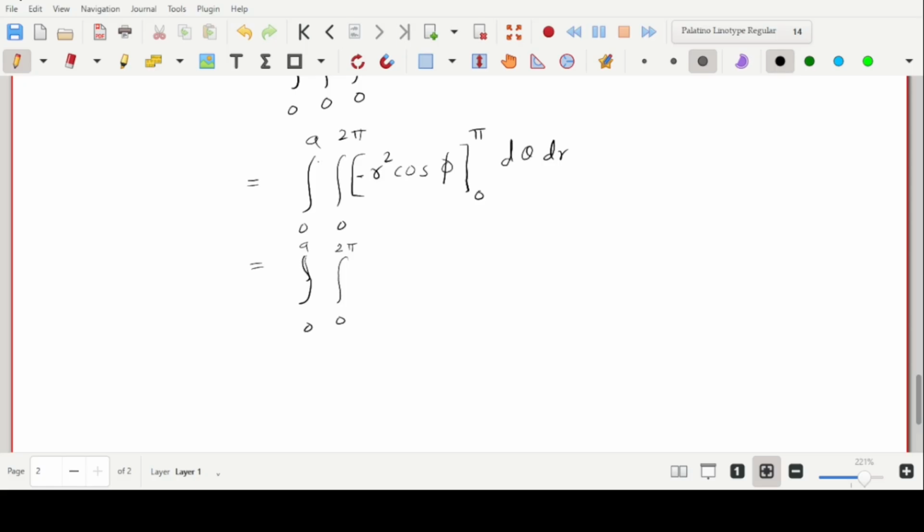So r square, cos of pi is negative 1, cos of 0 is 1. So 1 minus negative 1, so 1 plus 1, d theta dr. So this is 2 times r square. 2 times r square is a constant with respect to theta.